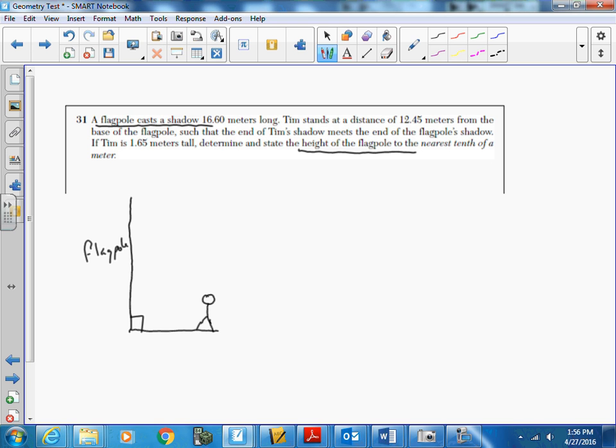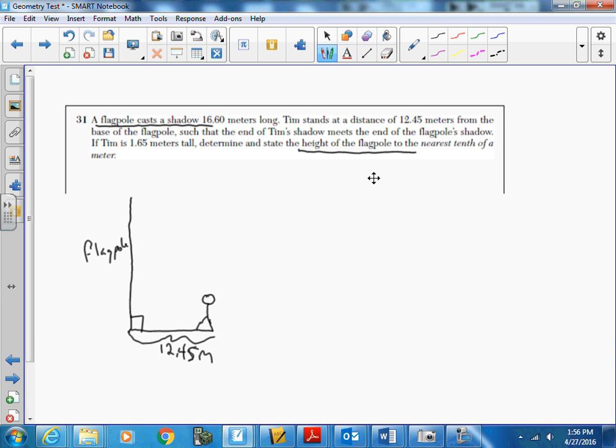Okay, so let's imagine this is Tim, and this distance here is 12.45 meters. Then it says, let's read that again. Tim stands at a distance of 12.45 meters from the base of the flagpole, such that the end of Tim's shadow meets the end of the flagpole's shadow.